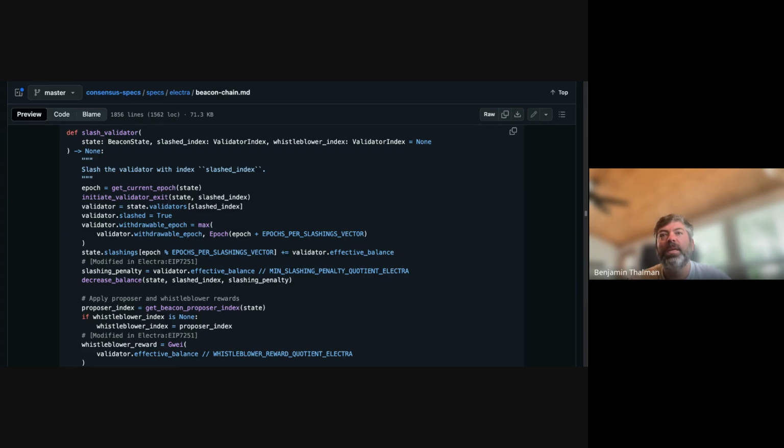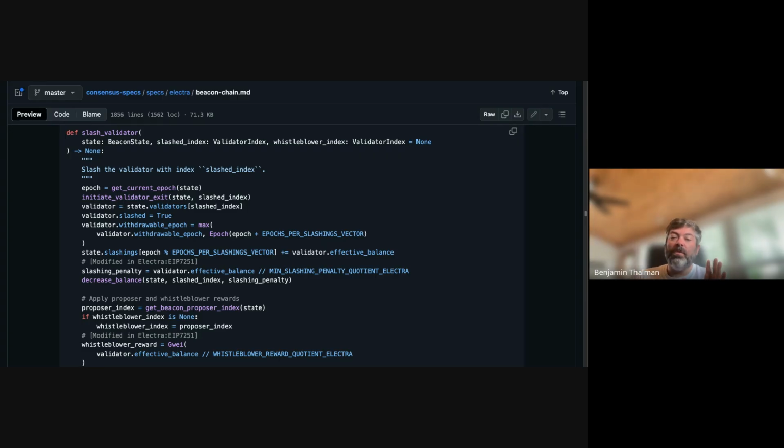In fact, one of the options available to validators with Pectra is to carry a much higher balance. You can increase your max effective balance from 32 to 2,048 ETH. If you were to carry a validator with an effective balance of 2,048, the penalty would be half an ETH.